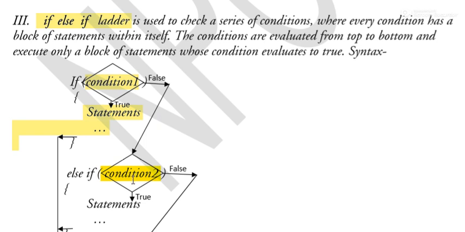If this condition is true, then statements related to this block will get executed, and if this condition is also false, then it comes into the else block. Else block means if all the above conditions are false, then the statements related to the else block will get executed. In if-else if ladder, as per our requirement, we can add many conditions.